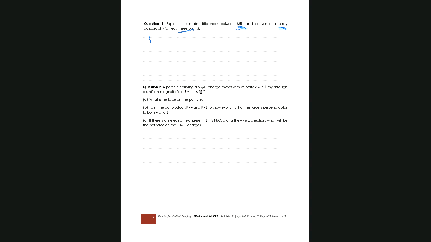So point number 1 is simply the origin. X-rays are generated by accelerating charges, or electrons. That's the first one.